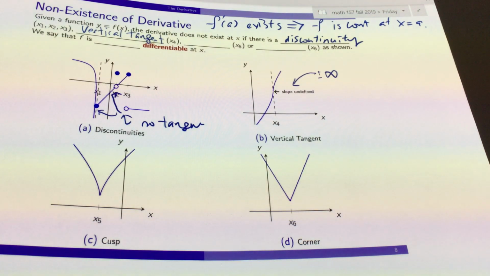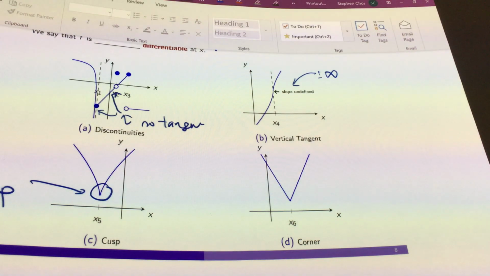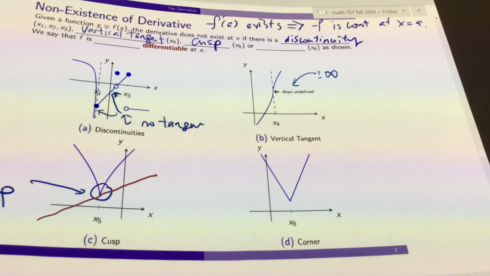Or you have something called a cusp, or a sharp point. This is a cusp. You cannot fit or touch the curve nicely by a straight line, which is what you need. At this sharp point, one line may touch just one point, but another line should not touch it. So you cannot find a unique line to be a tangent.